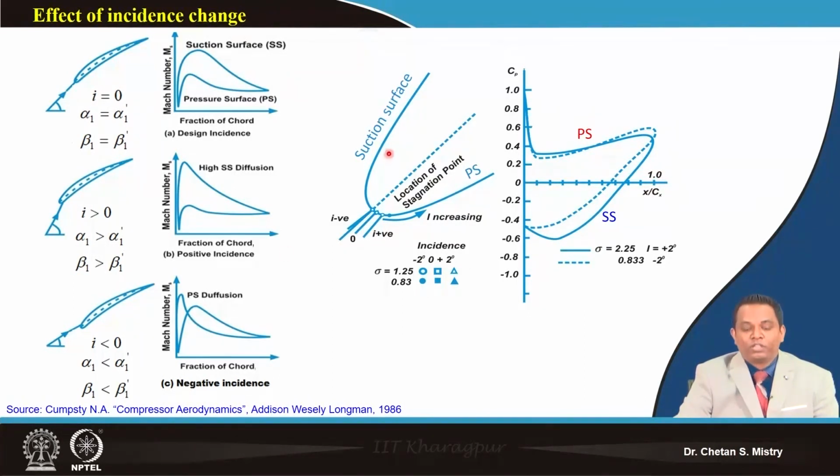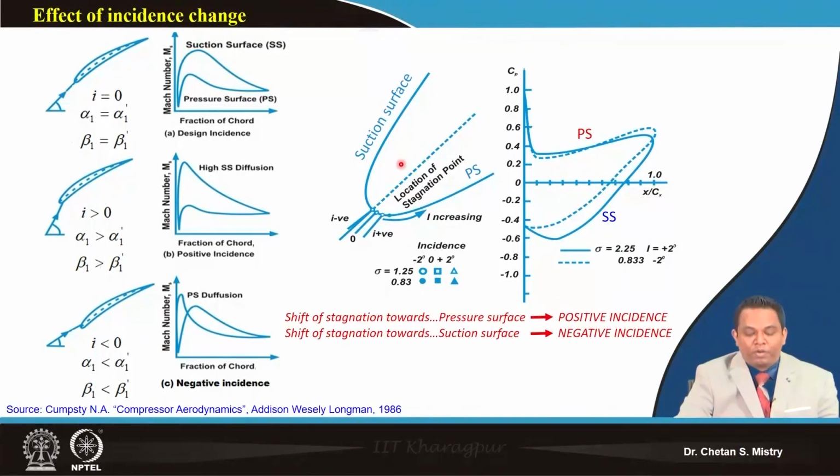Okay. Now, this is what we need to realize. This is my pressure surface and this is my suction surface. And from now onwards we need to remember that when the stagnation point shifts towards the pressure surface, we define that as a positive incidence angle.